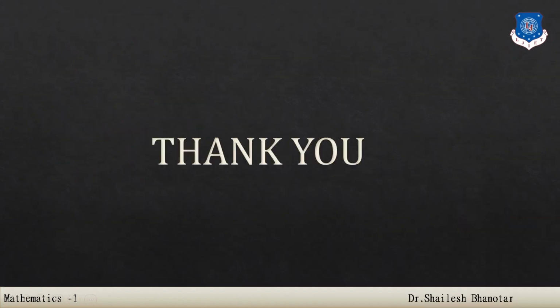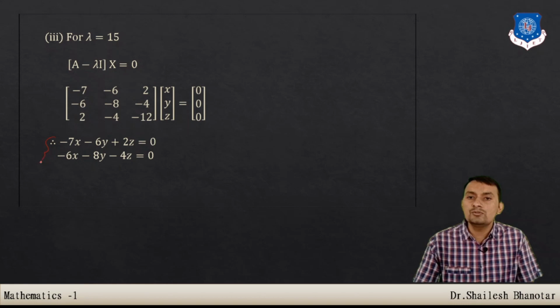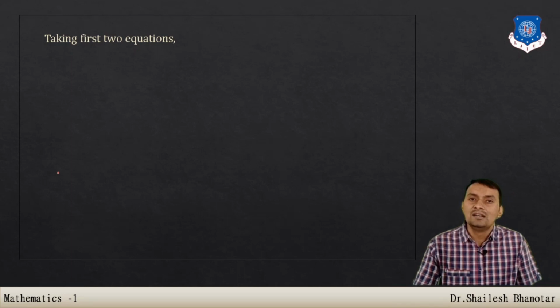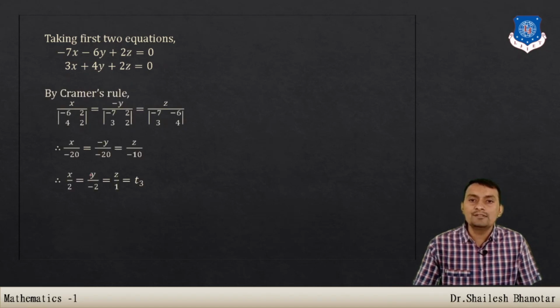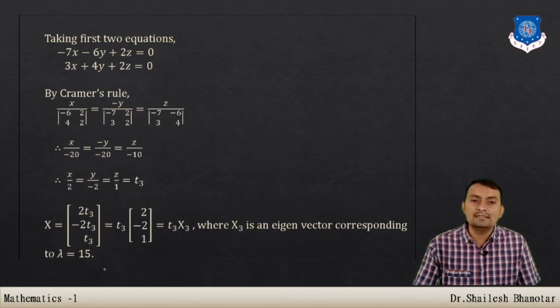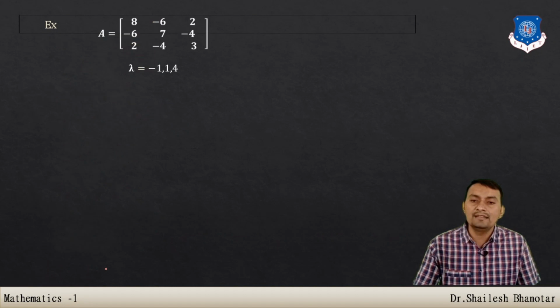If you suppose want to choose the first two, you can, otherwise suppose you want to choose this one, you also can. Keep in mind that no equation should be a multiple of the others, and when you apply Cramer's rule, you will get this one, and this is the eigenvector corresponding to lambda equal to 15.